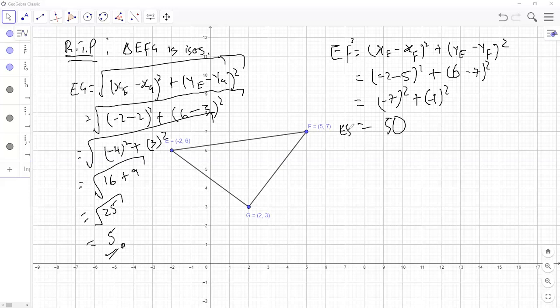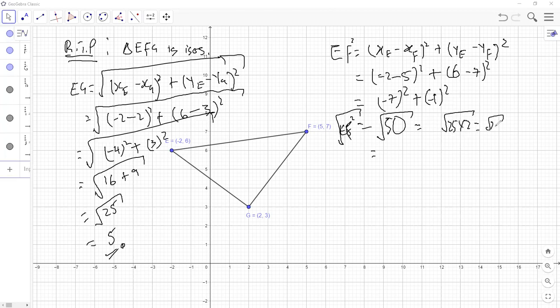So EF squared is 50. If I want EF, I must take square roots both sides, and the square root of 50 is 5 square root 2. What's happening here is you should think of 50 as 25 times 2, and then you take the square root of 25 out.